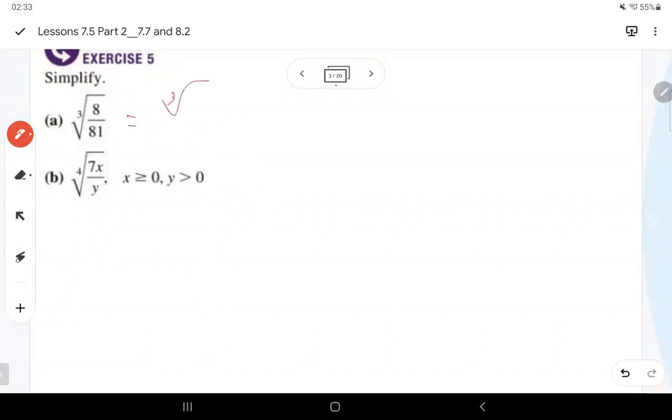Cubed root of 8 on top, cubed root of 81 on the bottom. That's going to simplify to 2 over the cubed root of 9 times the cubed root of 9. And there's a reason why we're doing it this way. So if you can see, cubed root of 9 times cubed root of 9 will give us cubed root of 81.